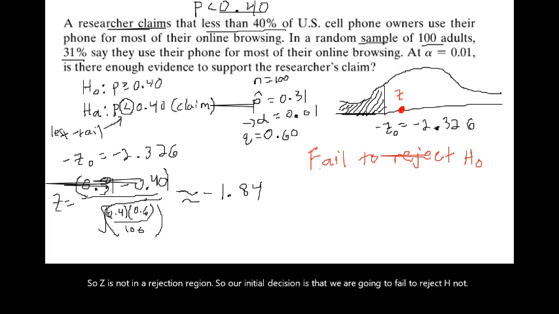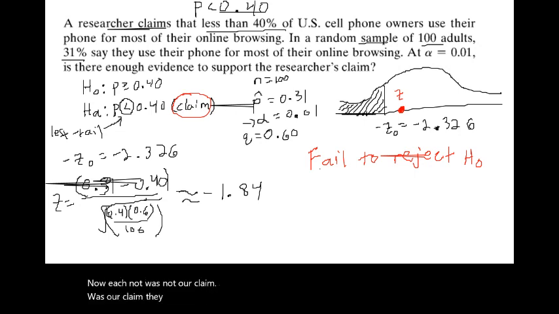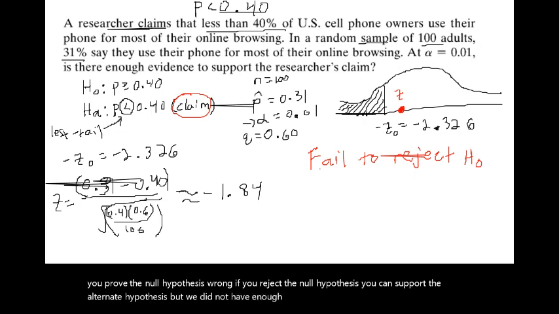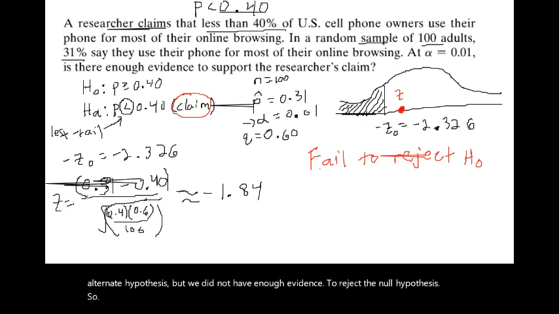Now, H naught was not our claim. HA was our claim. Remember, the only way that you can support the alternate hypothesis is if you prove the null hypothesis wrong. If you reject the null hypothesis, you can support the alternate hypothesis. But we did not have enough evidence to reject the null hypothesis, so automatically there is not enough evidence to support the researcher's claim.